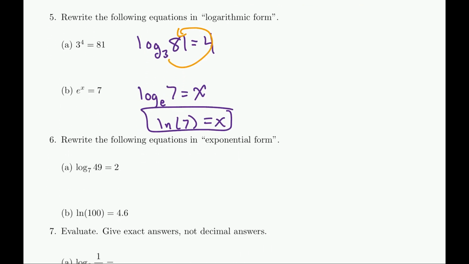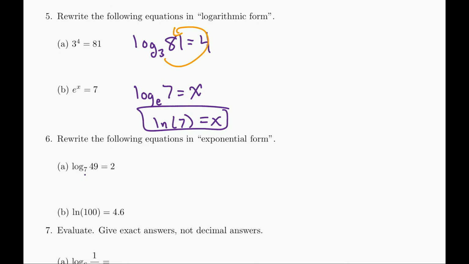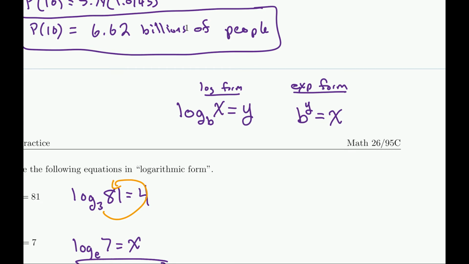Okay, now problem 6 is the exact same thing, but the opposite order. So in this case, you're going to start with the 7, go to the 2, and then to the 49. So exponential form will be 7 to the 2 equals 49. And you just compare these two here, and you'll figure out how to write it.